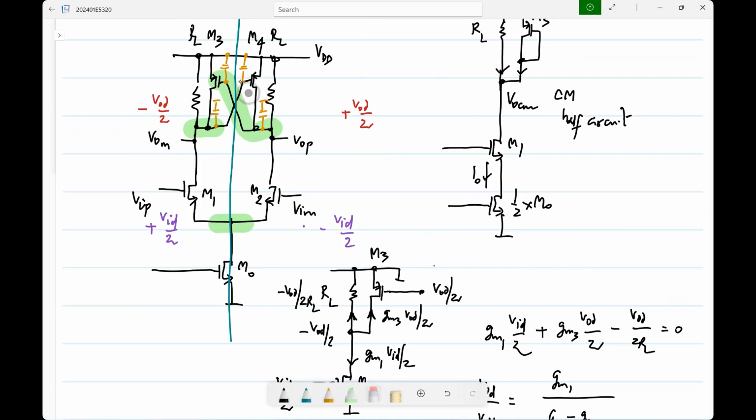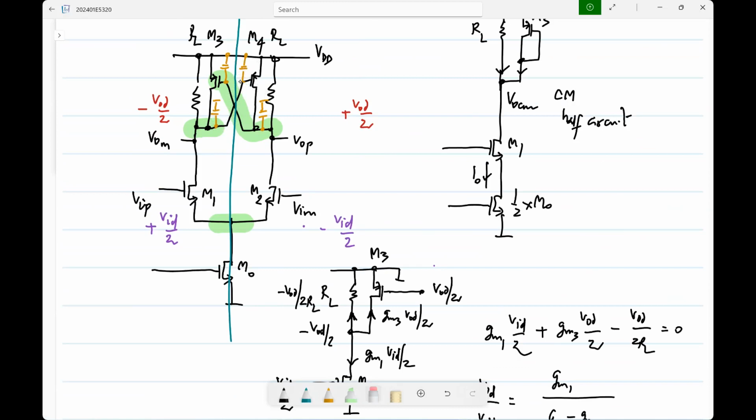You should put CDB by 2. Let me see. Actually, this is a tricky situation because finally what comes out in the answer is CDB plus CGS, right? So I think all the impedances should be transferred to one side. Only the control should be passing from one side to the other.